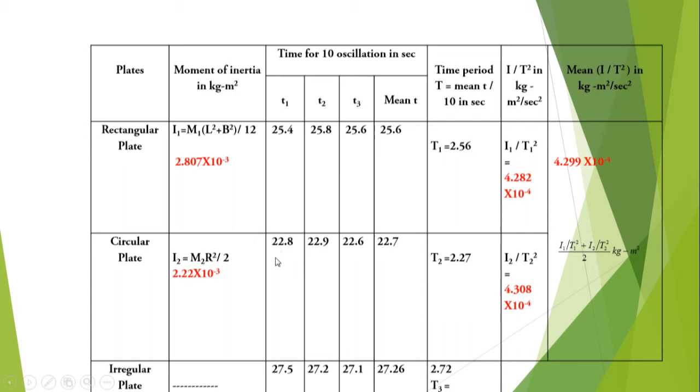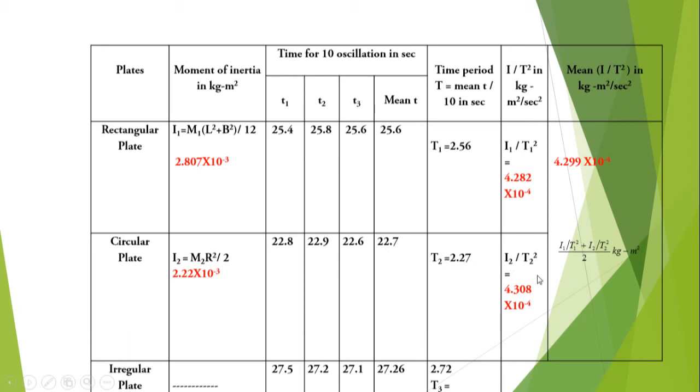The time for 10 oscillations of the circular disc is 22.8, 22.9, 22.6. These are the 3 trials. Take the mean time of the 10 oscillations, that is 22.7. Add the 3 and divide by 3 to get the value, and then the time period for 1 oscillation is 22.7 divided by 10, which gives 2.27.